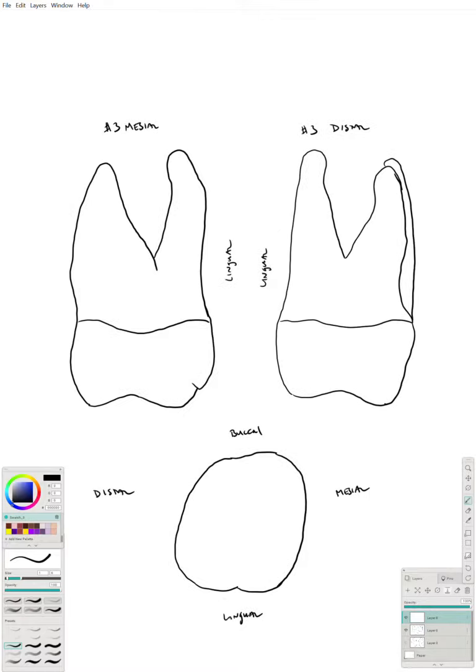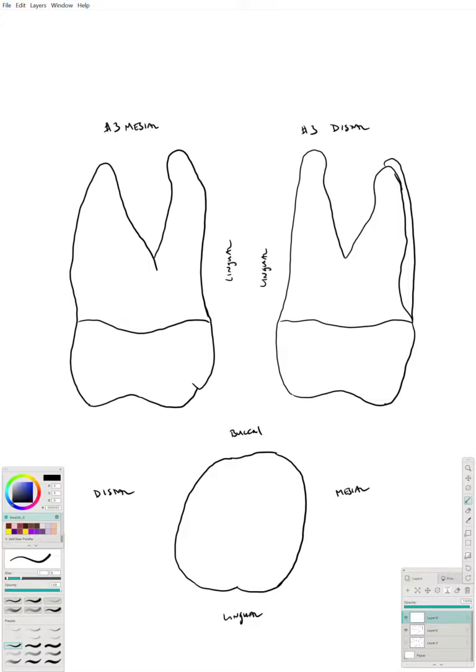And the biggest thing on these aspects, again, pay attention to the CEJ. You're going to have a lot of variation in terms of how that curvature looks. And it's not just a matter of drawing this right.